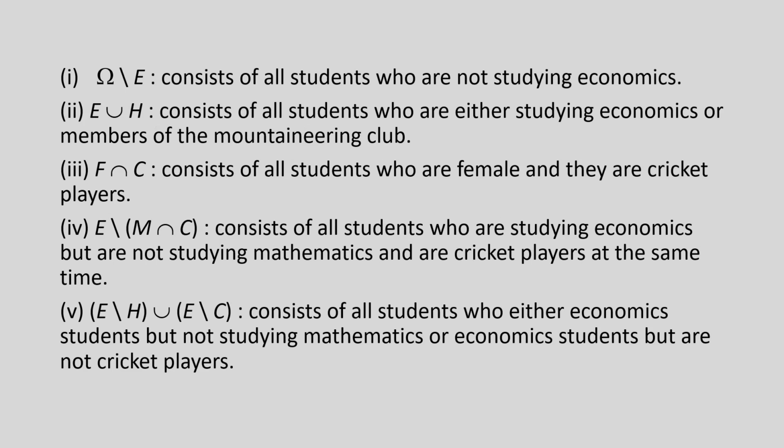And finally, number 5, E minus H union E minus C consists of all students who are either economics students but not studying mathematics, or economics students but not cricket players.